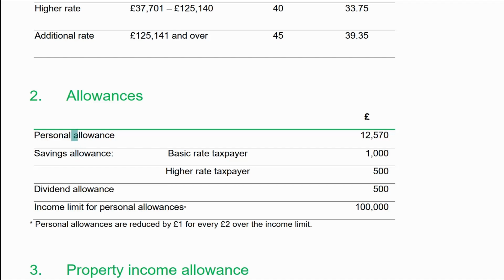We've got our personal allowance for that, and then for our savings income we've got different allowances, and for our dividend income we've got different allowances again. Remember, there is an income limit for personal allowances of 100,000, so we just have to keep that in our mind depending on how much income the person in the question is getting.